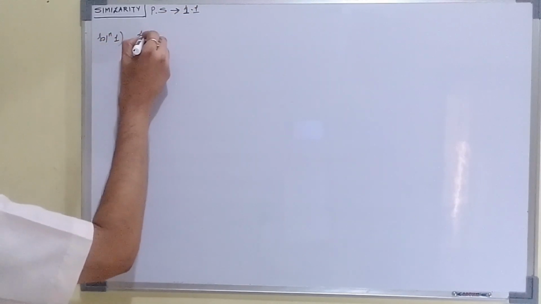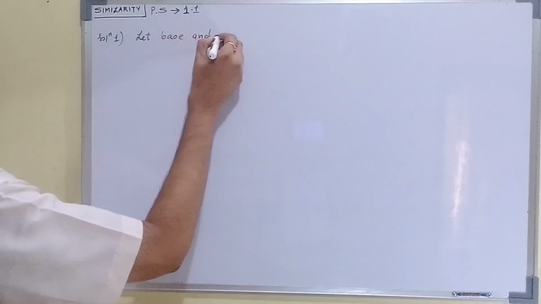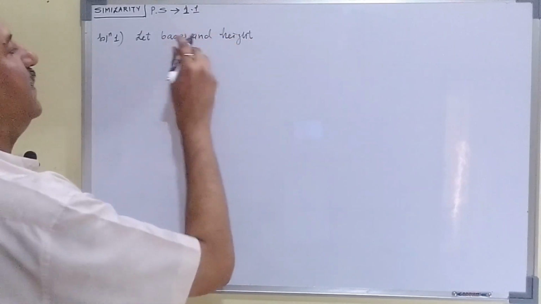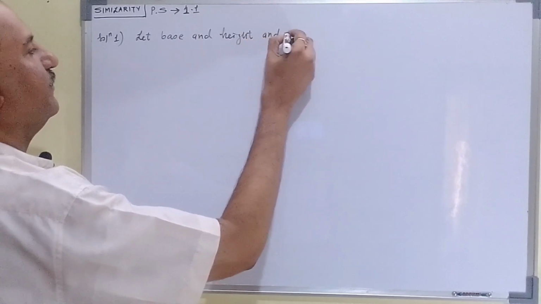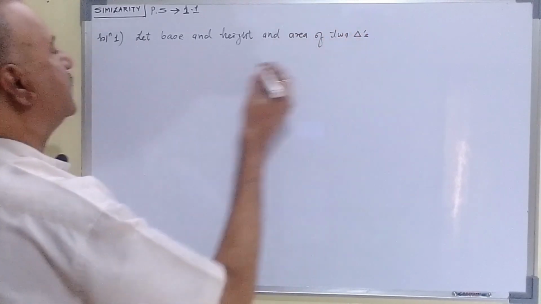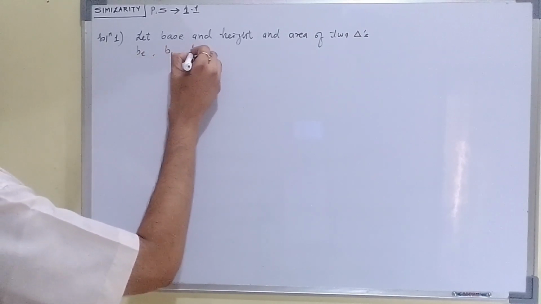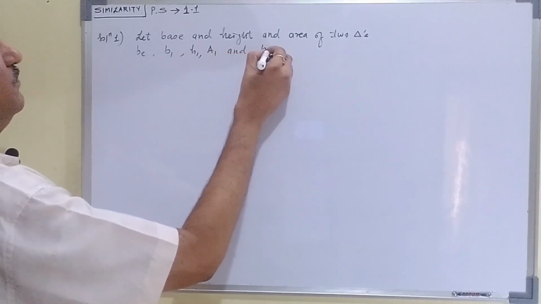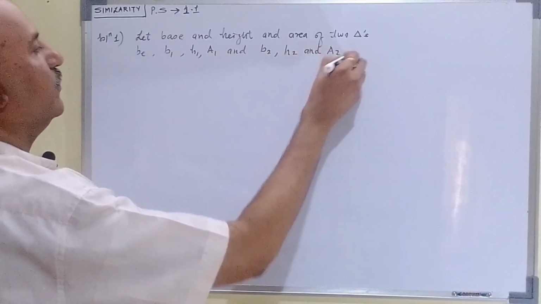Solution first. Let base, height and area of two triangles be B1, H1, A1 and B2, H2 and A2.